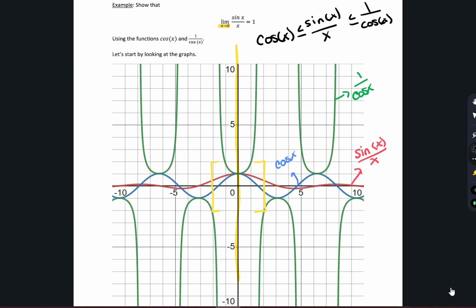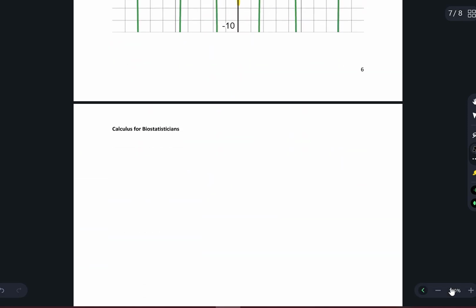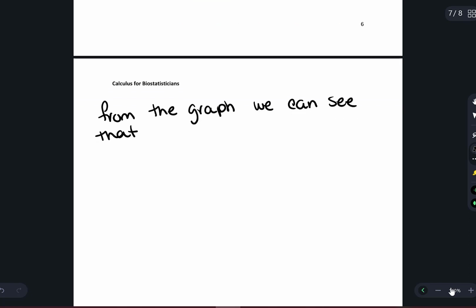All right, so now let's see how we can actually show this. So again, from the graph, we can see that we have the following inequality.